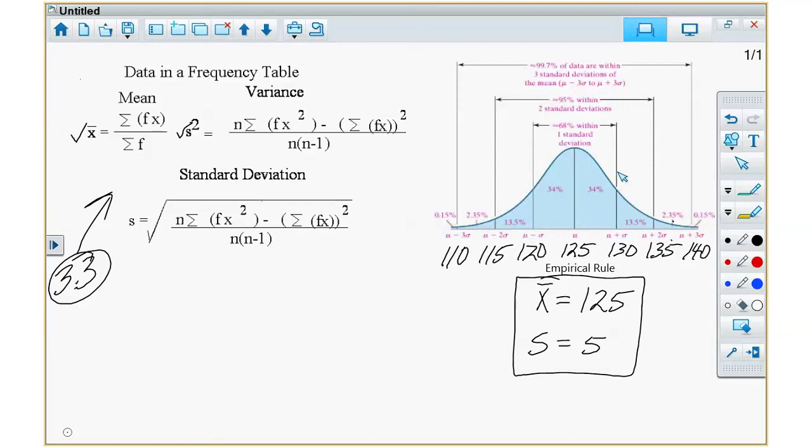So I'll wait until the end to do it so you can let all this stuff sink in. Because probably of the 80% that is from chapter 3, a good portion of it's going to be mean, standard deviation, mean, standard deviation. Okay? So there'll be some z-scores on there, but z-scores are pretty simple to calculate.